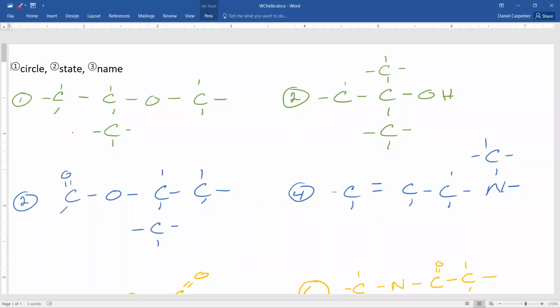And seeing as how you may not have the thing to circle, if you didn't print it out, then you still are writing it down. All right, so number 1, circle. Number 2, state. Number 3, name.